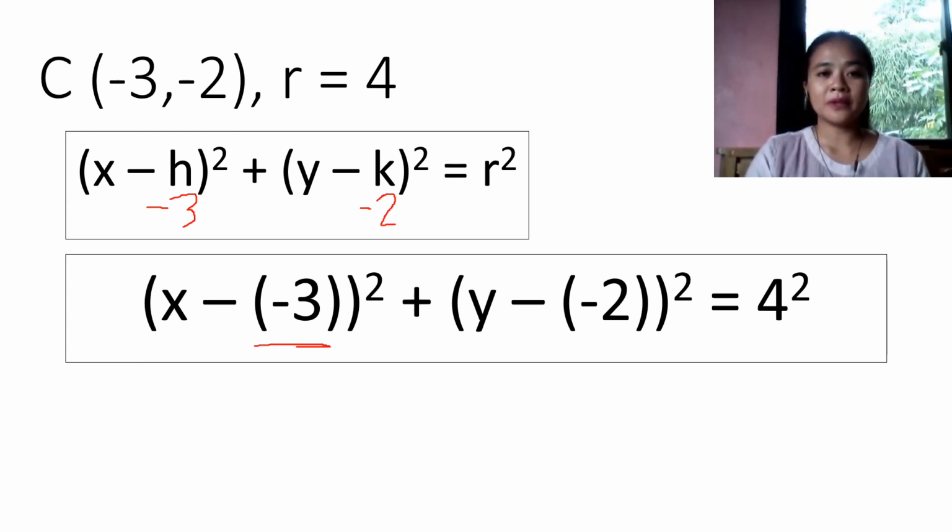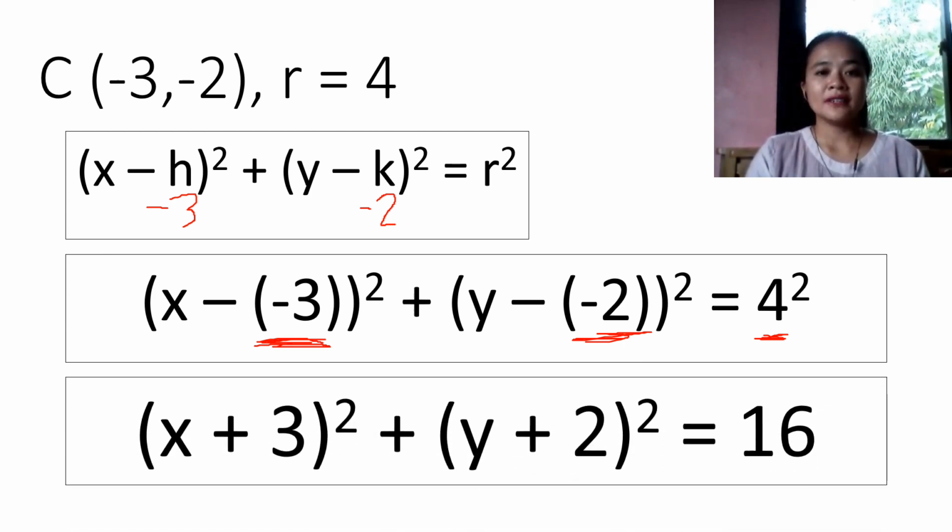So we replace h with negative 3, k with negative 2, and r is equal to 4. Next, simplify. Negative times negative becomes positive, so x plus 3 squared. The same with negative times negative in the y variable, that is positive. 4 squared is equal to 16. So that is how we write center and radius into a standard equation of a circle.